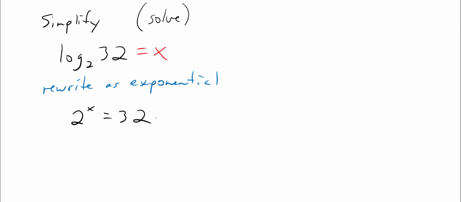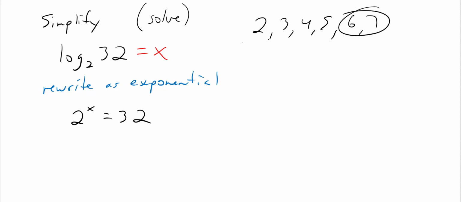Now, it's a little tricky, guys, but I want you to understand that that 32 can be written as something to some power. It's usually going to be a 2 to some power, or maybe a 3, or a 4, or a 5. Probably not more than that. Maybe a 6 or 7.